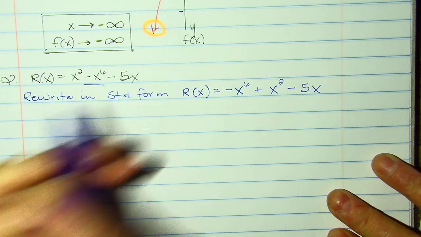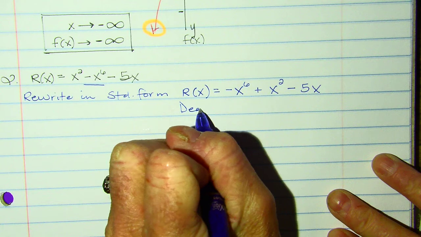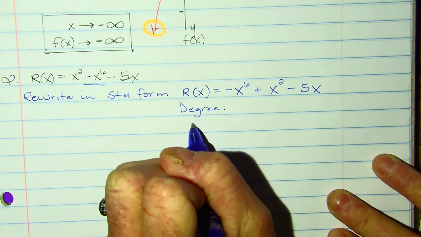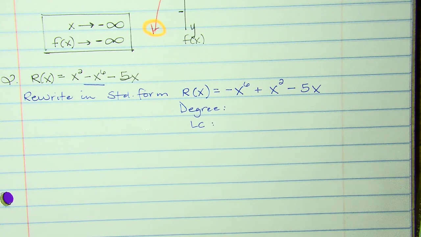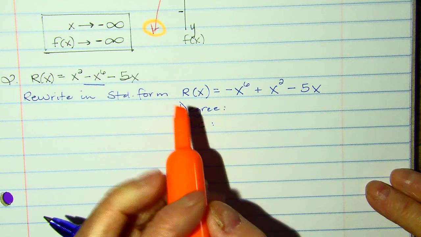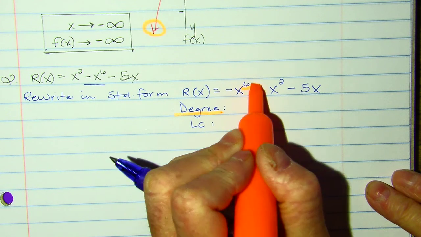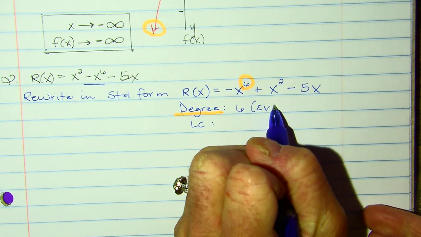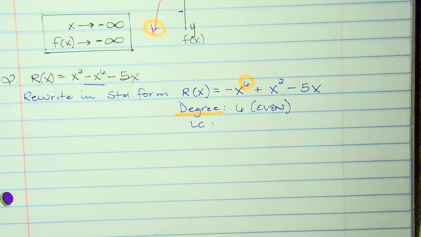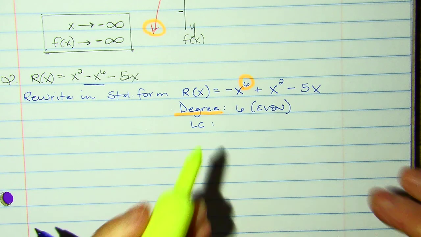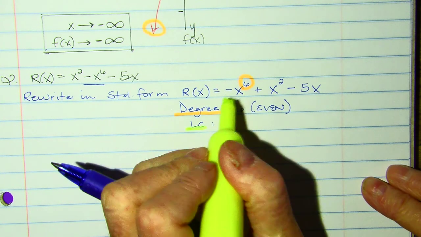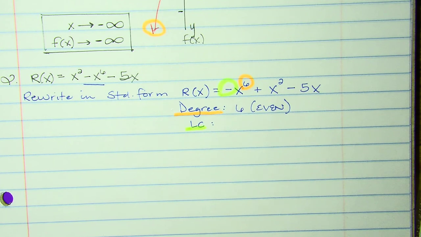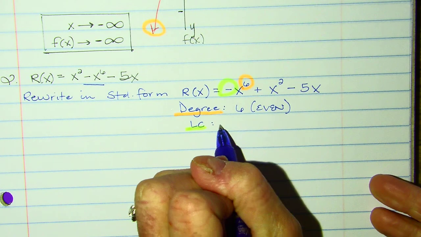Now I can talk about the degree and my leading coefficient. So for degree, I'm looking at the largest exponent, which in this case is 6, which is an even number. And for my LC, I'm looking at the first number in front of the first term, which in this case is a negative 1.